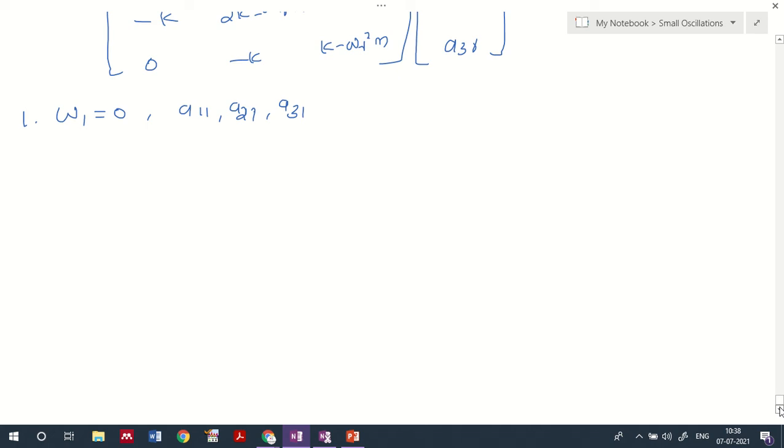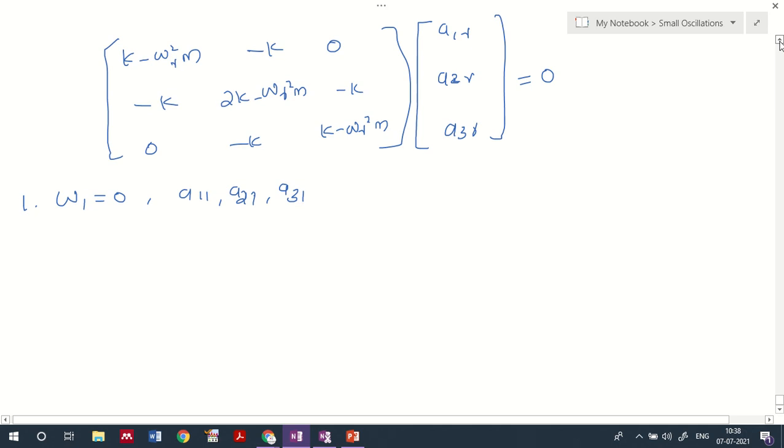In order to do that, if you consider the above matrix representation and substitute omega 1, let me write it out like this: k minus omega 1 square m, minus k, 0; minus k, 2k minus omega 1 square m, minus k; 0, minus k, k minus omega 1 square m.